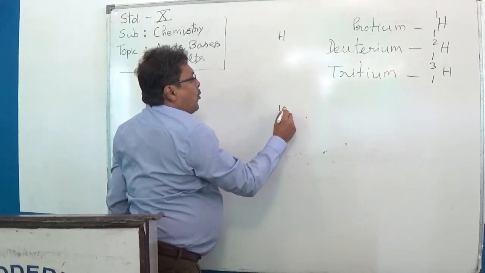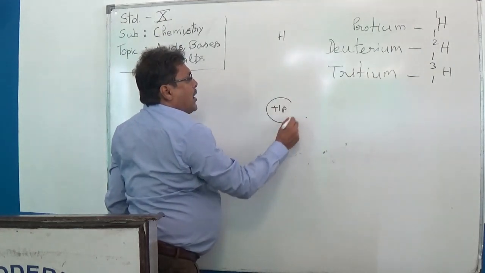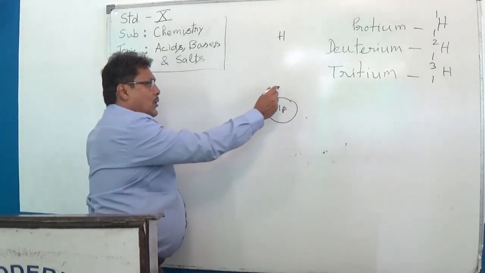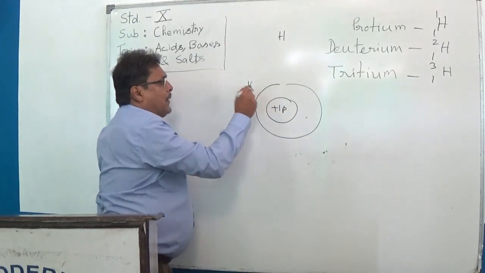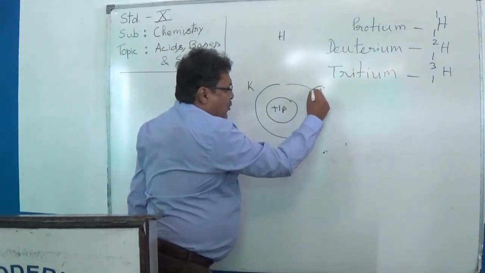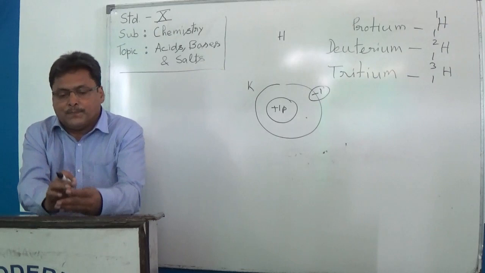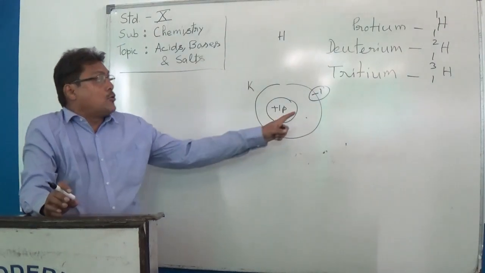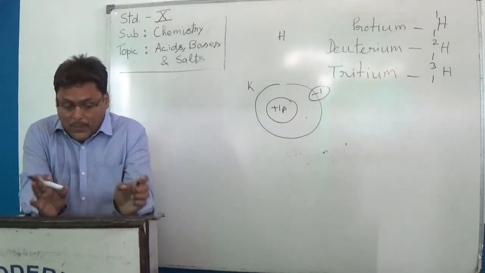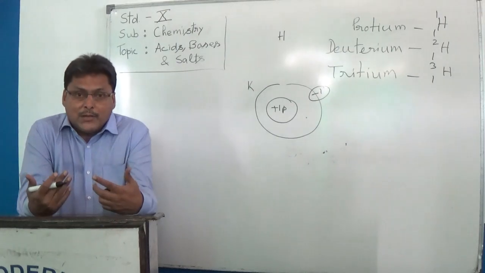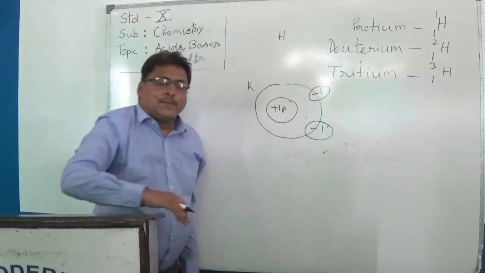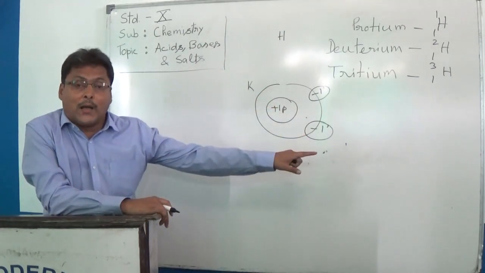Protium has 1 proton, that is plus 1 charge in the nucleus, no neutron. And so naturally it has only the K orbit, K shell, in which to make it an atom it has 1 electron. It needs 2 so that the outer orbit, the K shell, is complete. And in the ionic structure, if it takes 1 more electron, it becomes a minus 1 anion.